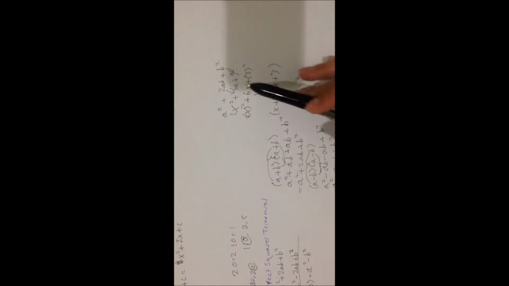Now the third identity is a plus b times a minus b, and it actually equals a squared minus b squared. When you multiply it, instead of the 2ab, it's a squared, and then minus ab, but positive ab, and then minus b squared.